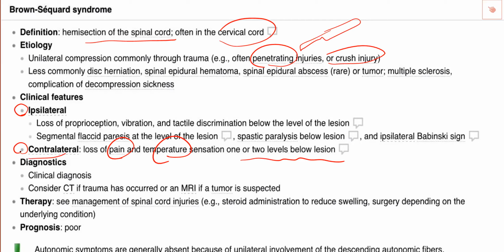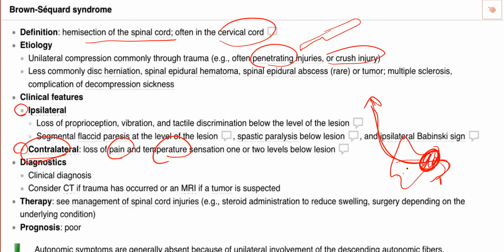Contralateral because these tracts make decussation. Decussation means that it crosses from one side to the other side in the spinal cord. So the lesion at the lateral spinothalamic tracts causes contralateral loss of pain and temperature.